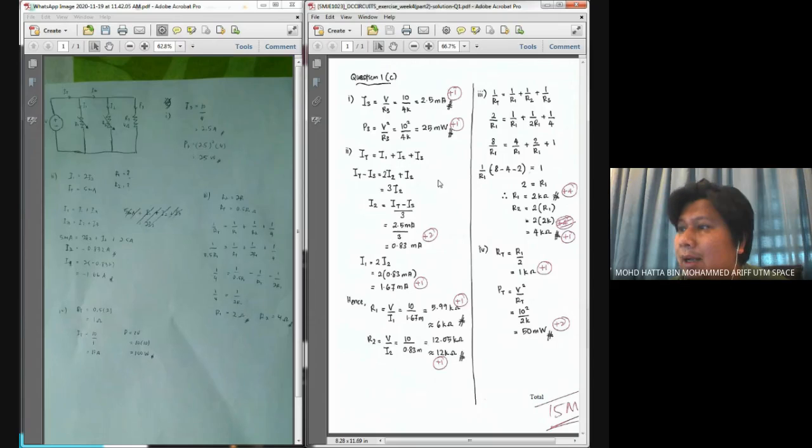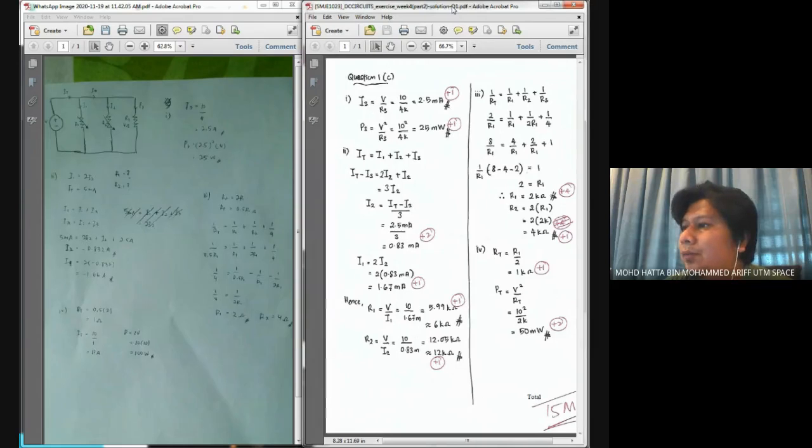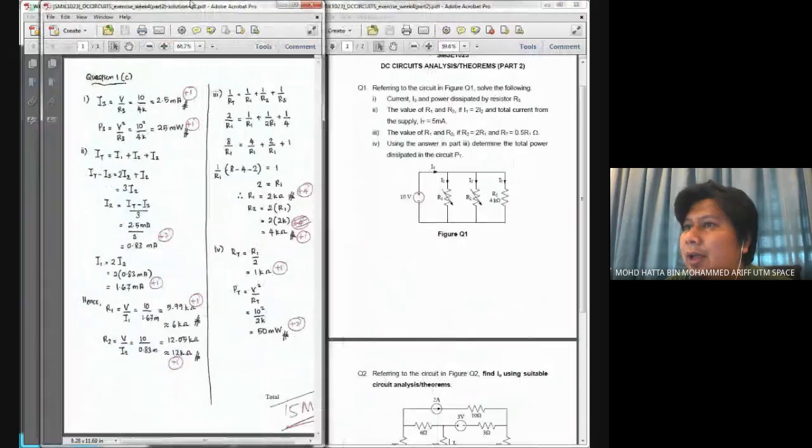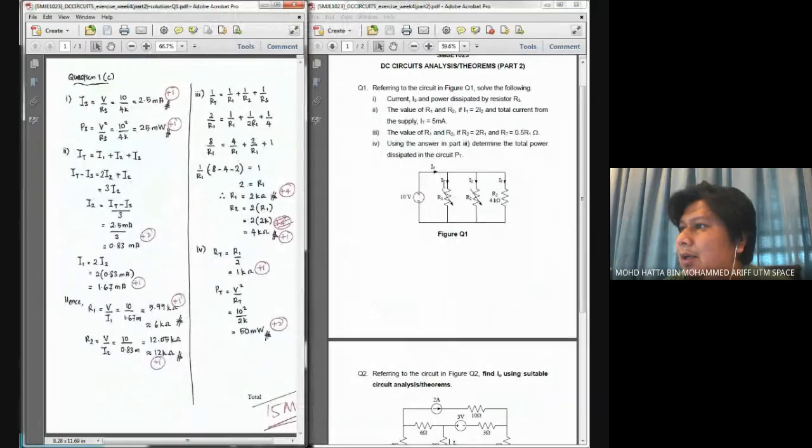So I really suggest that you start drafting your answer with the formula or the equation first, and later on put in the value.